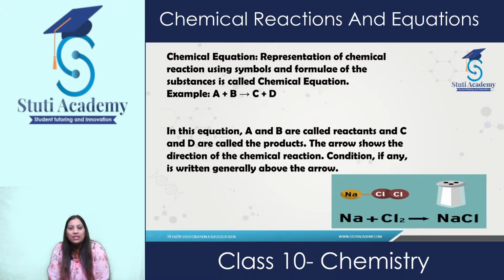Chemical reactions are those reactions in which two or more substances combine together and form a new product. We can represent those reactants and products by their symbols. These are elements which we can represent by their symbols.